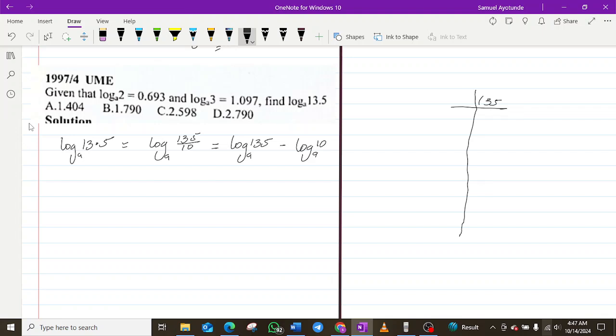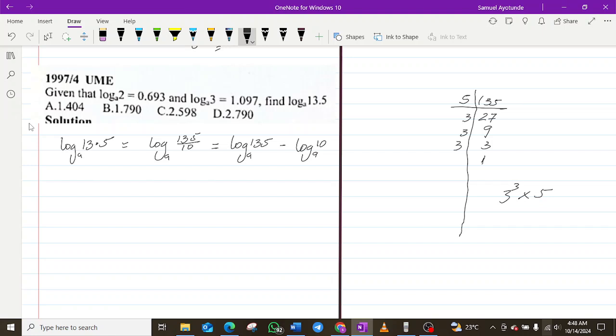Let's start with 5. 5 divides 135 is 27. 3 divides 27 is 9. 3 in 9 is 3. 3 in 3 is 1. So we have 3 raised to power 3 times 5 as our answer.